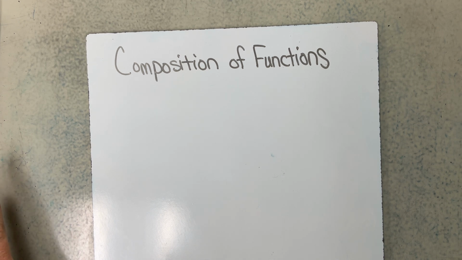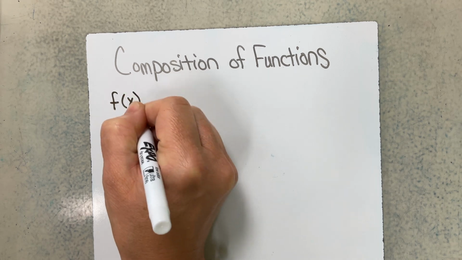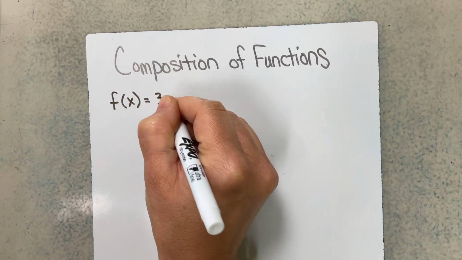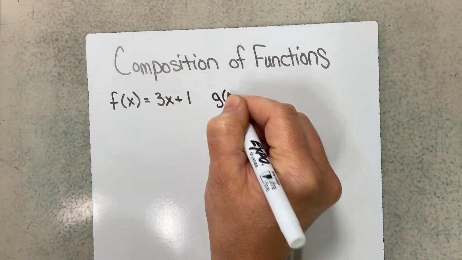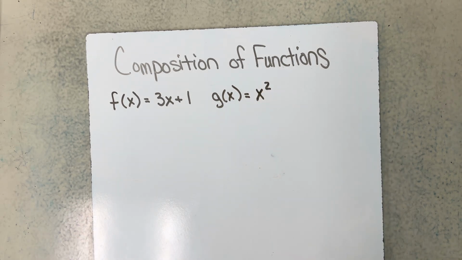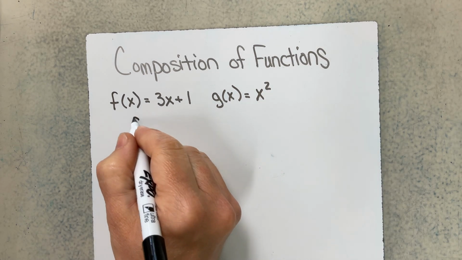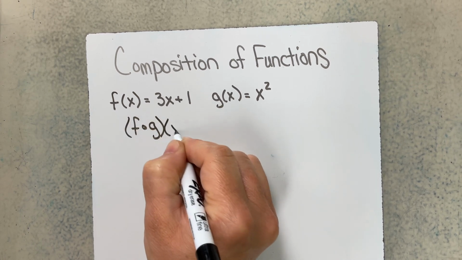All right, let me get some good ones here. If f of x equals 3x plus 1, and g of x equals x squared, so kind of similar again, we're going to find f of g of x.